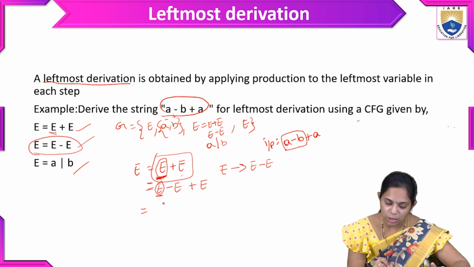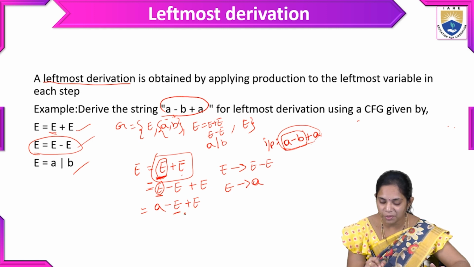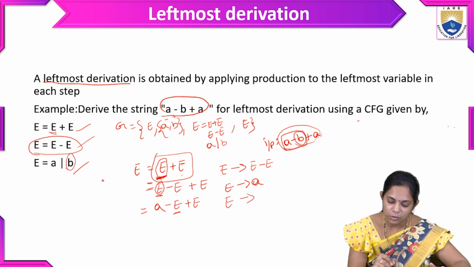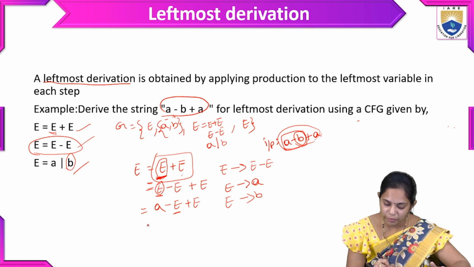According to our input string we have to use the production rule E tends to A, and we write the remaining the same. Next, the leftmost non-terminal is this E, and according to our input string we require B, so E tends to B. We write A minus B plus, and after this we go for the leftmost again.